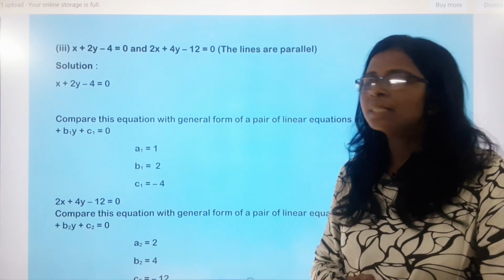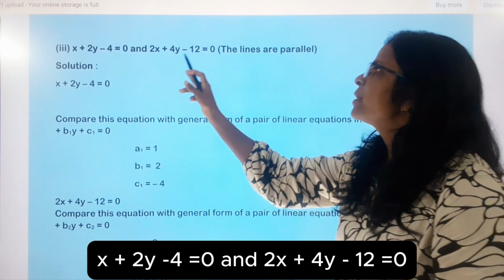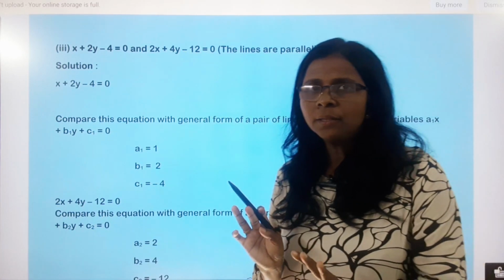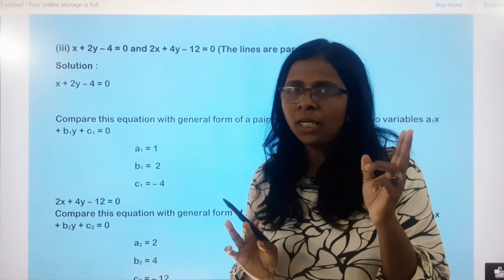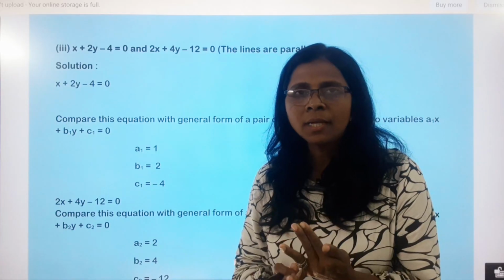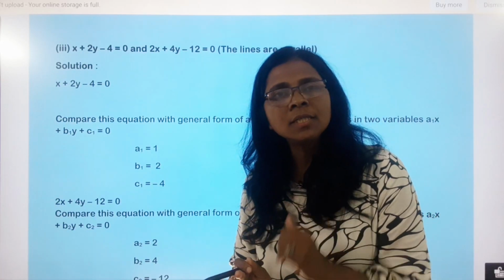The third example is x plus 2y minus 4 is equal to 0 and 2x plus 4y minus 12 is equal to 0. These are the two given equations, and we have to find out whether these equations are consistent or inconsistent.